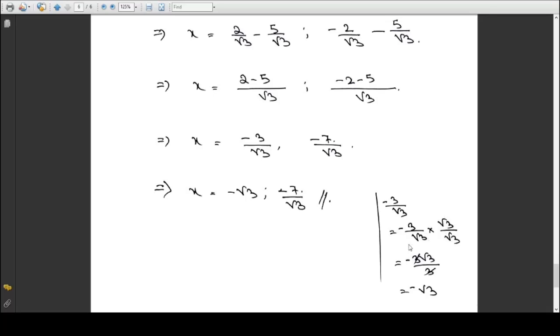You will get minus 3 root 3 in the numerator, and the denominator we have root 3 multiplied by root 3, which is 3. On cancelling this 3 and 3, you will have only minus root 3, which gives us x equal to minus root 3, and the second value is minus 7 by root 3, as the solution for this given equation.